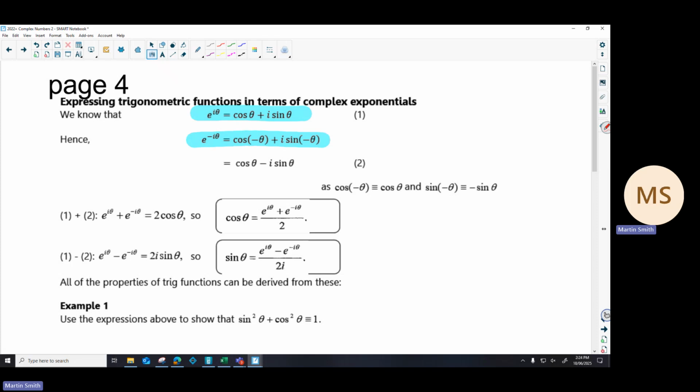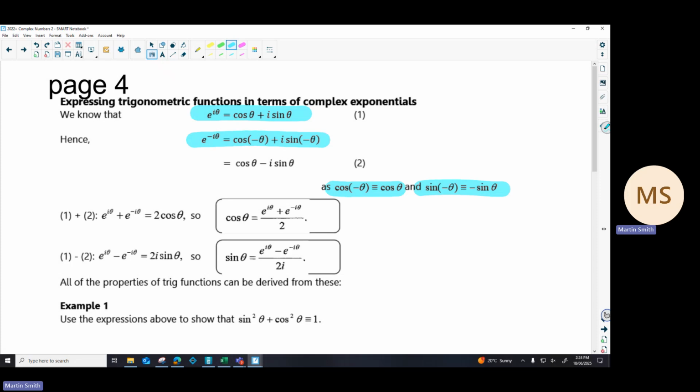Now, two little properties of trig functions that will arise every now and again are these. The cos of a negative is the same as the cos of a positive angle, because the cos graph is symmetrical about the y-axis. The sine of a negative angle is the negative of the sine of an angle. So consequently, this can be written as cos theta minus i sine theta.